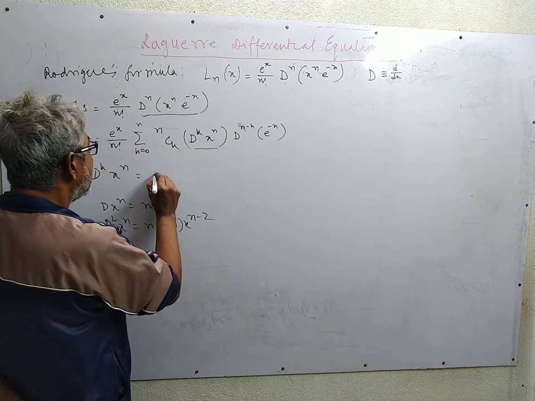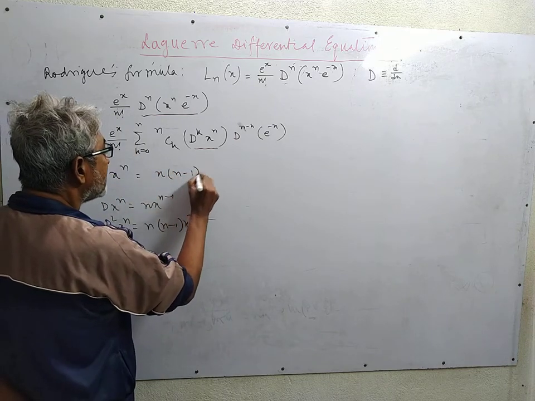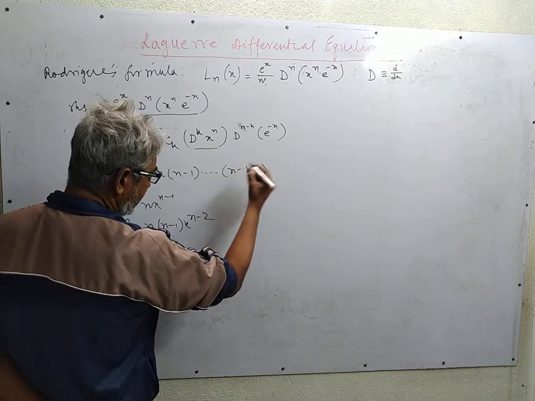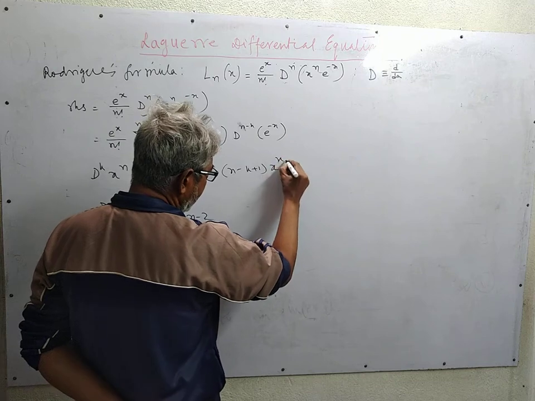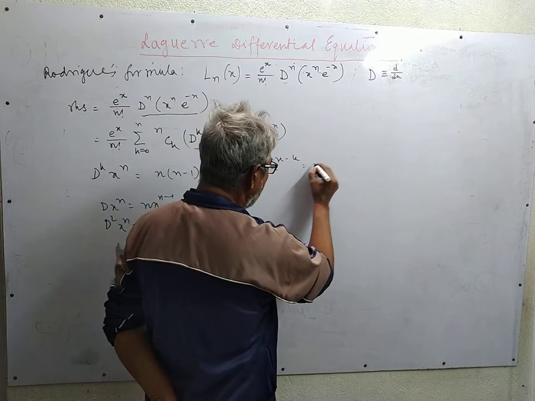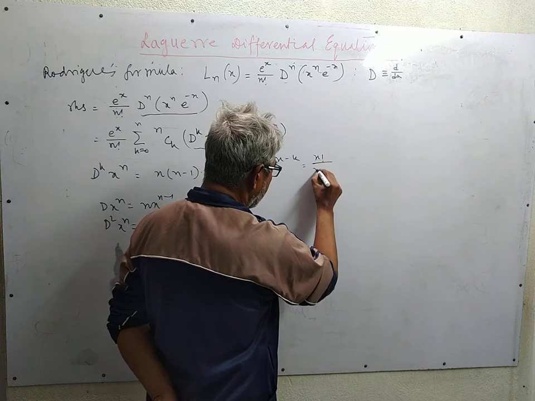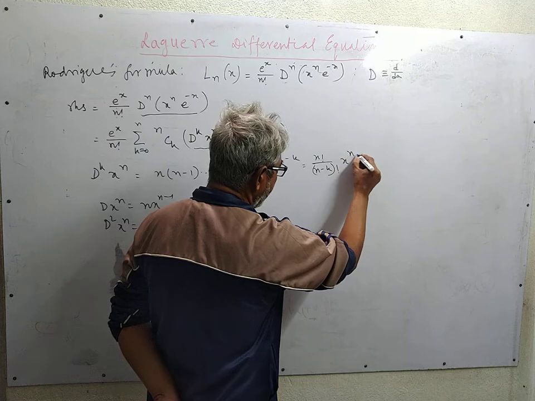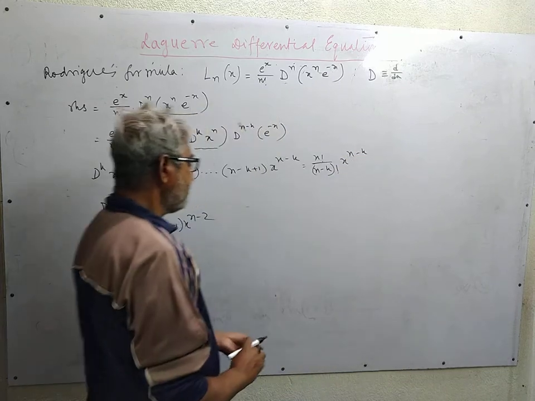So this is n into n minus 1 up to n minus k plus 1 x^(n minus k). This we write as n factorial by n minus k factorial x^(n minus k).